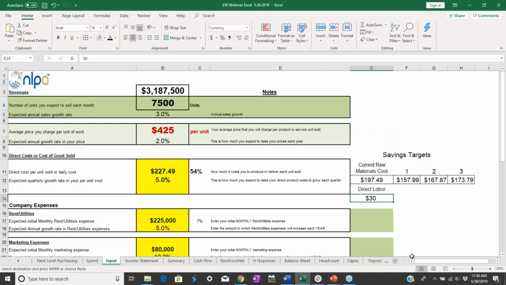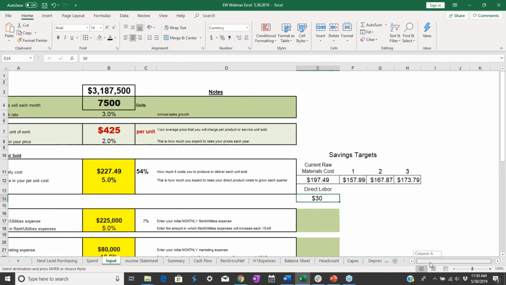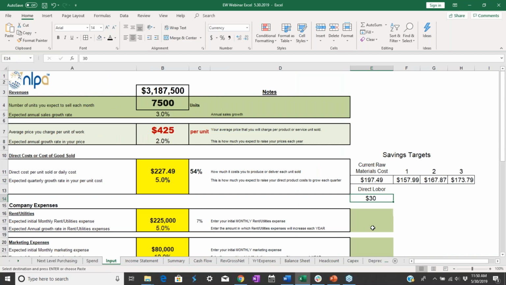So a couple things, and this is what I meant by leveraging Excel. Number one, we looked at being able to go into our negotiation, and we're assuming that we already sent out RFPs, we got the RFPs back, and we're working with the assumption that now we're ready to negotiate.